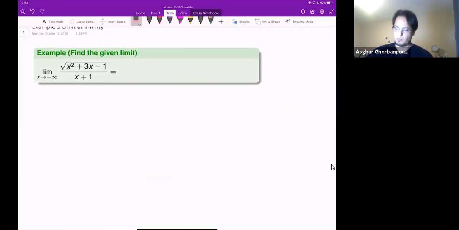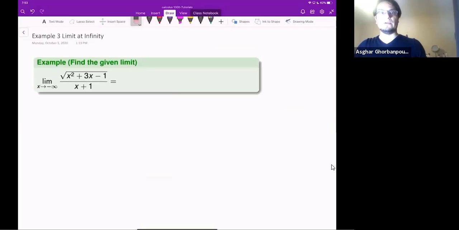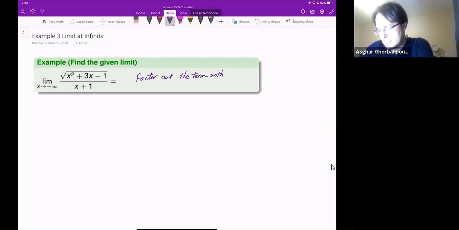Okay, how about this one? First thing first, this is not a polynomial over polynomial. But what you should notice is that in the numerator, we have a square root of a polynomial. So again, we can do the same story here. We need to factor out the term with the highest power of x.